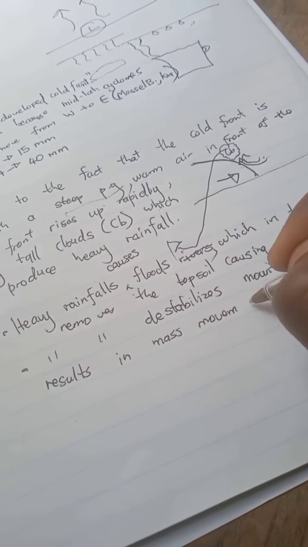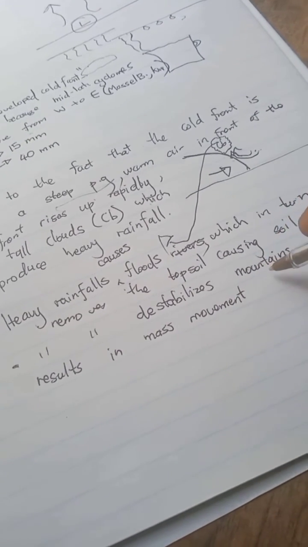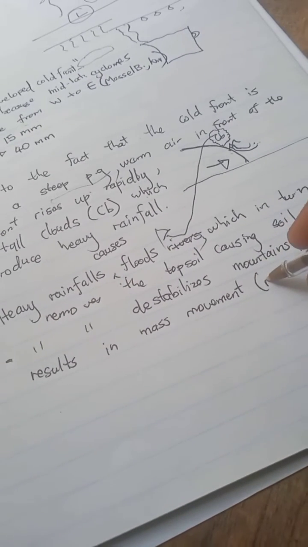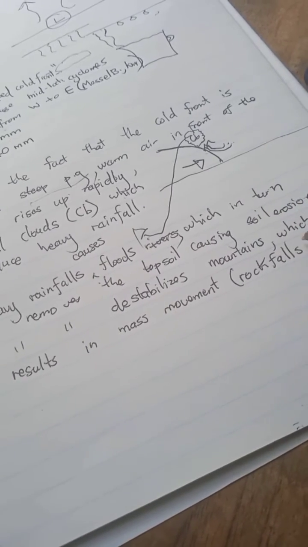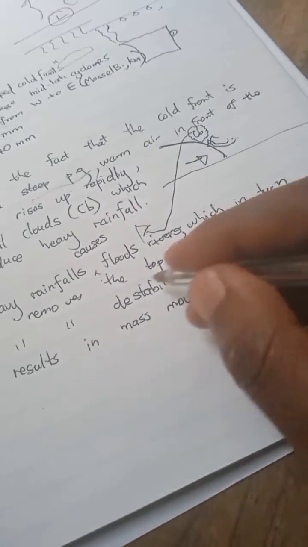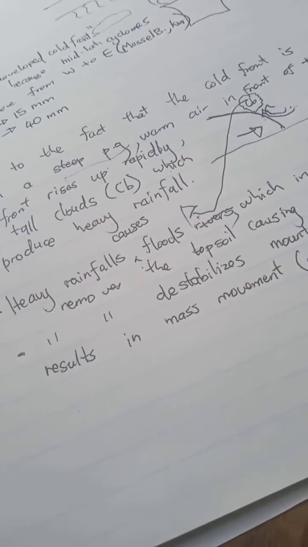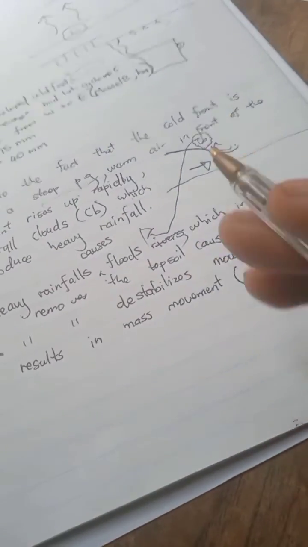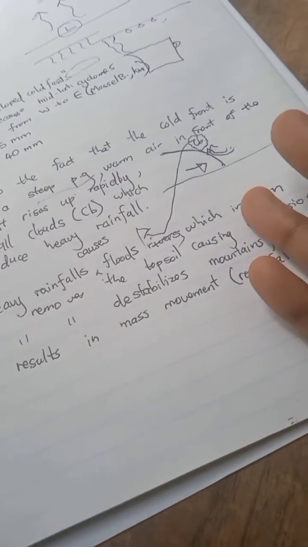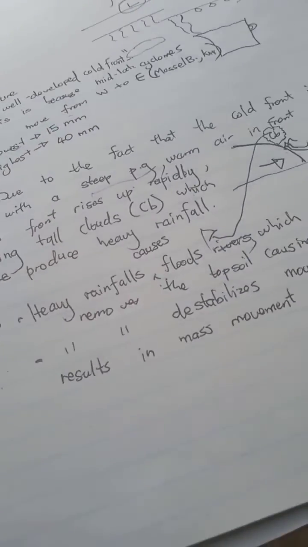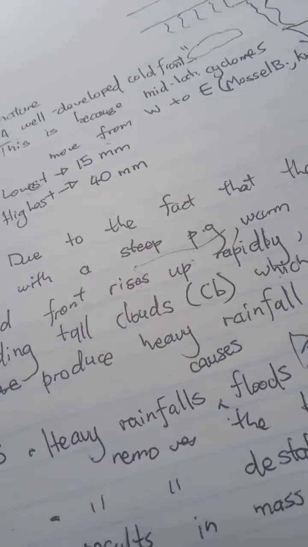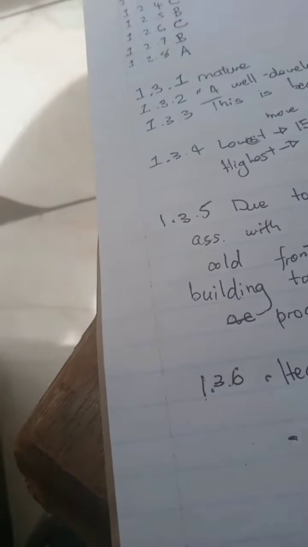Mass movements are, for example, in Chapman's Peak, rock falls, which is actually in Western Cape. So talk about mass movement. You can talk about soil erosion. Let me know what you guys did. So remember, it has to be the natural, physical environment.